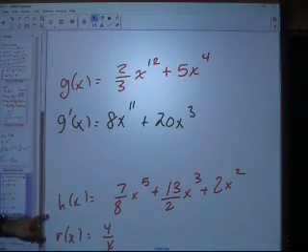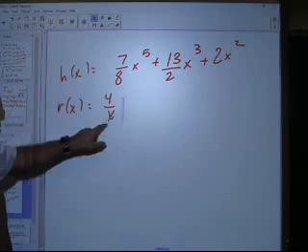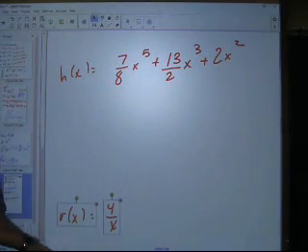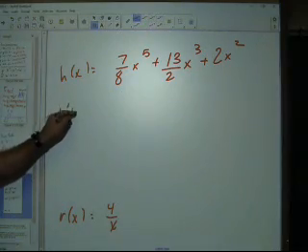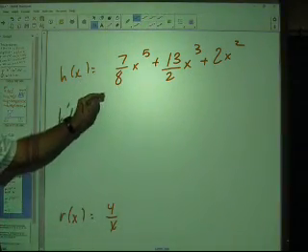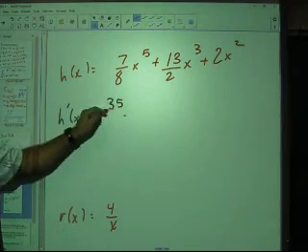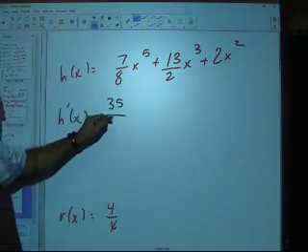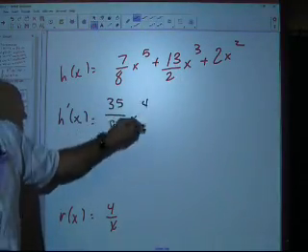All right. So if we keep going, h prime of x is... 105 over 8. Oh, did I do that wrong? I wrote 7 times 5, 35? 15. Okay, well, that makes sense.